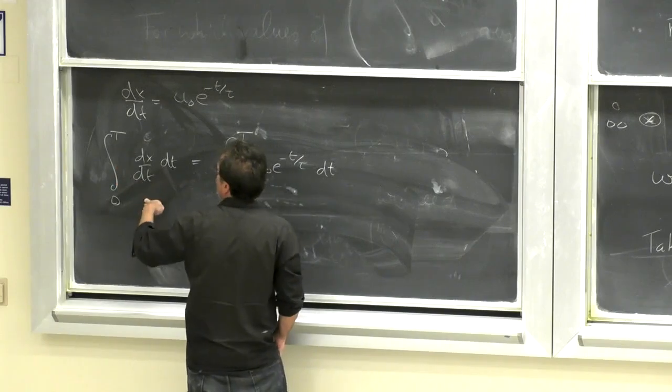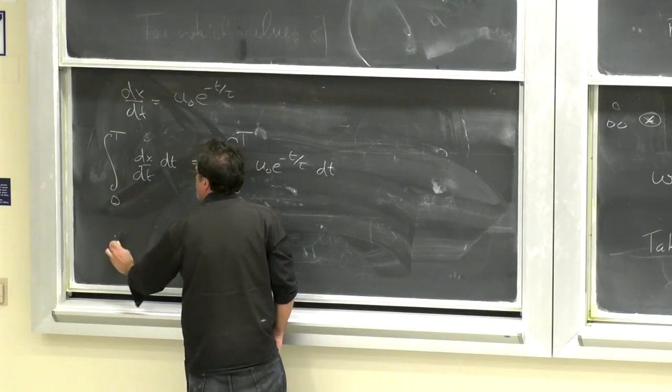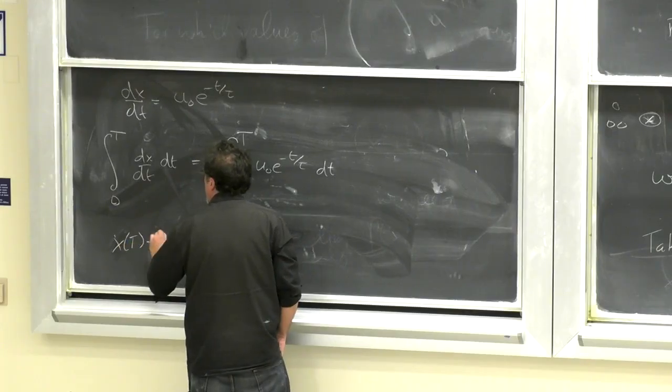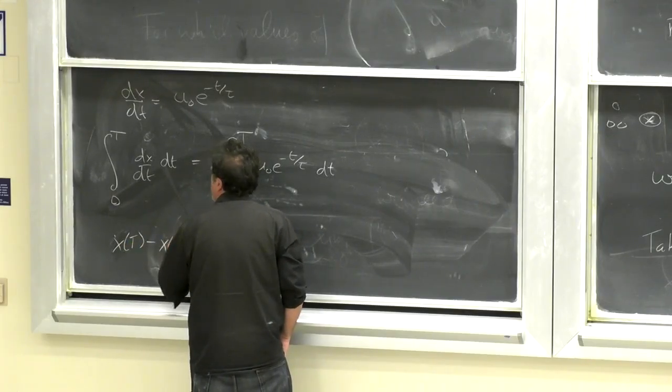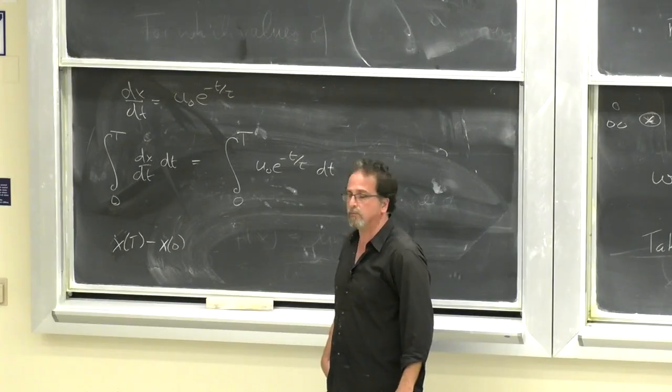Okay? The integral of the derivative is the function evaluated at the bounds. So x of capital T minus x of 0. That's what you get here by the fundamental theorem of calculus.